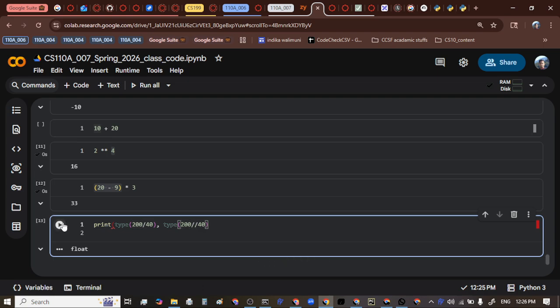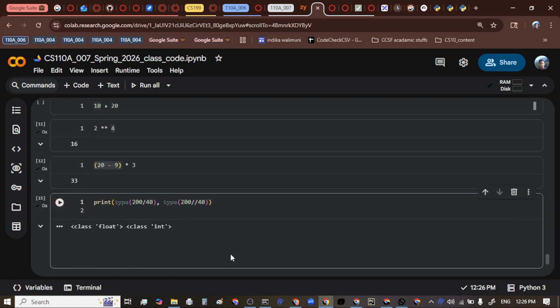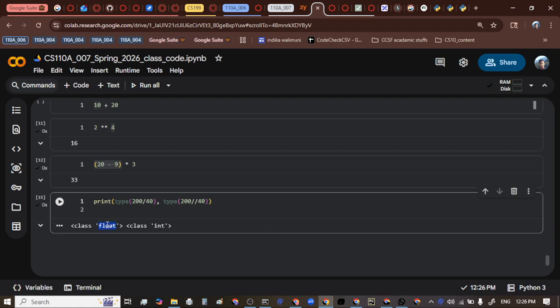Oops, I think I missed the parenthesis. All right, you can see that the first one is floating point and the other one is integer. So it's an integer division.